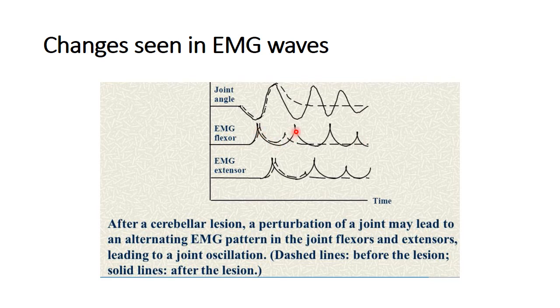So after the lesion, you will find there are repeated peaks. Similarly, in the EMG of the extensor group of muscles, repeated. So adding these two impulses, now the joint angle EMG changes would be pendular.